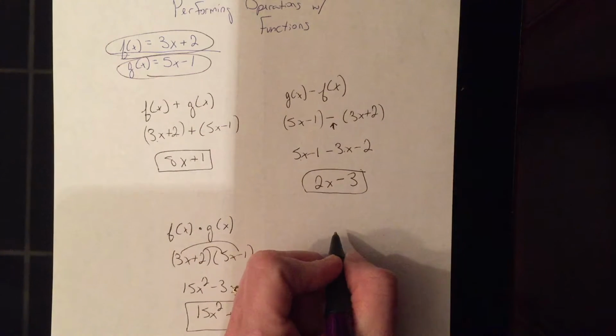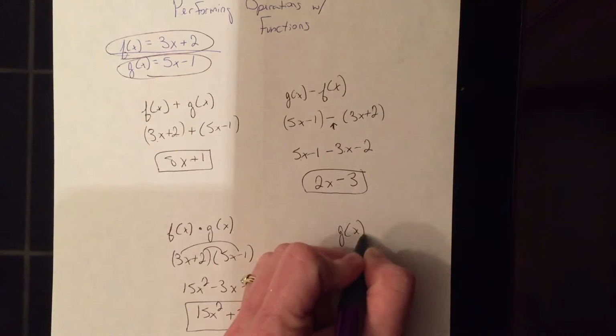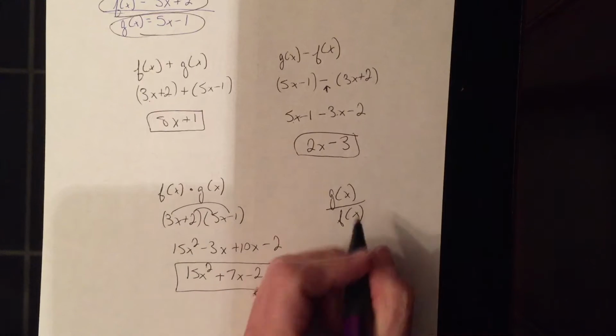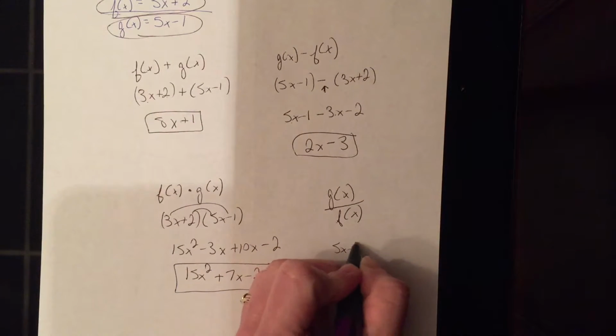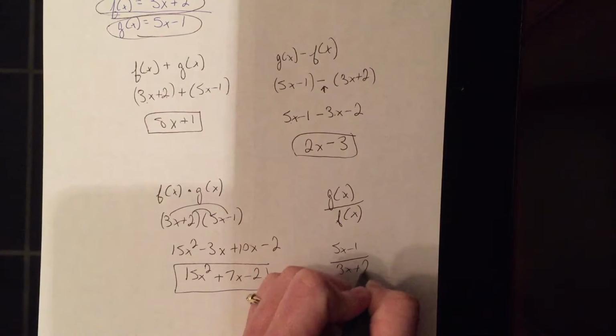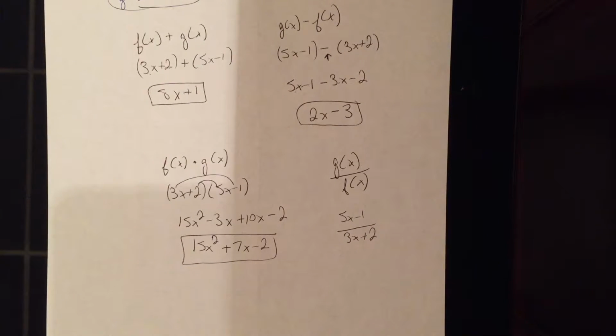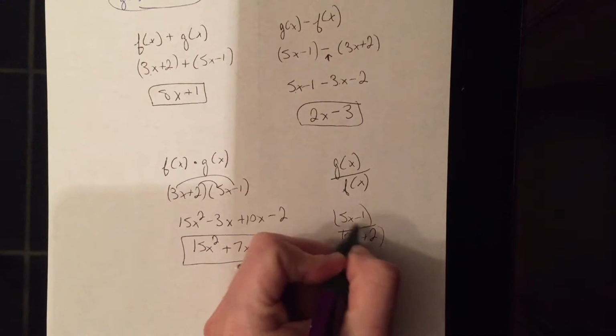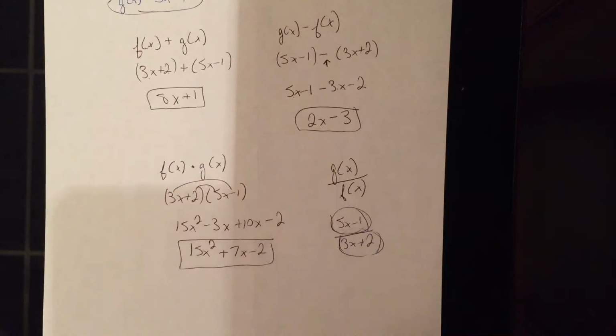And then finally, we'll switch it up again, g of x over f of x. G of x is 5x minus 1 over 3x plus 2. Now notice guys, I really can't do anything here because these are connected with a plus and a minus.